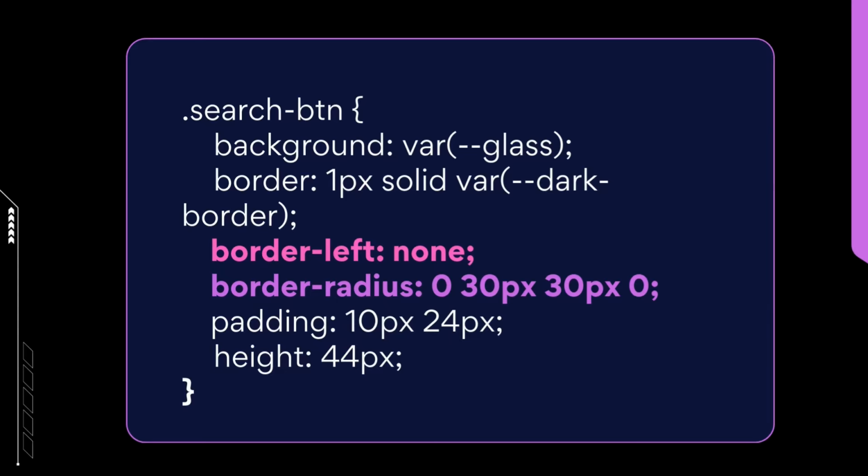The border radius only rounds the right corners. Together, they look like one smooth search bar.